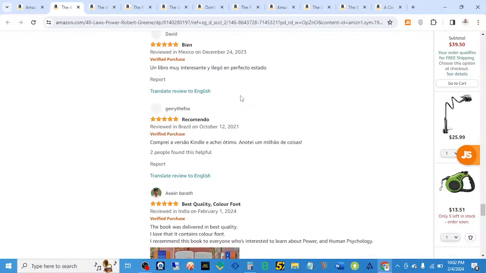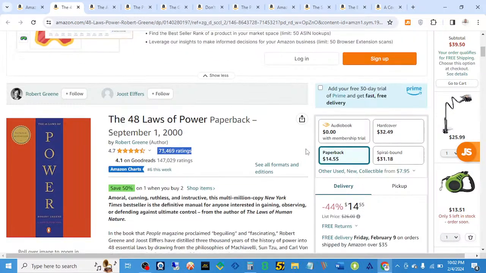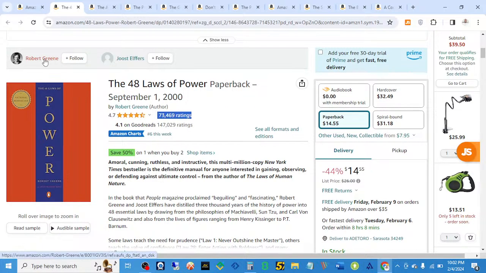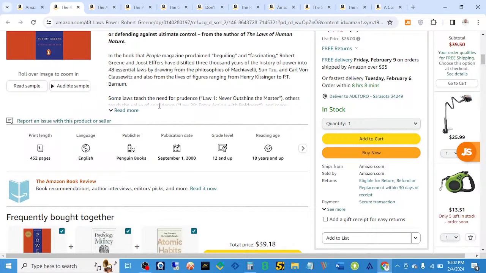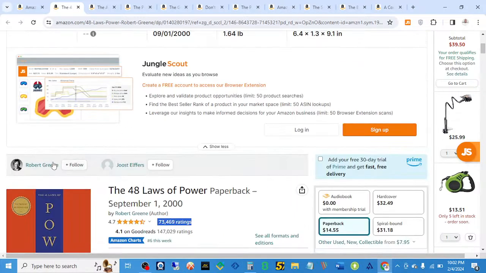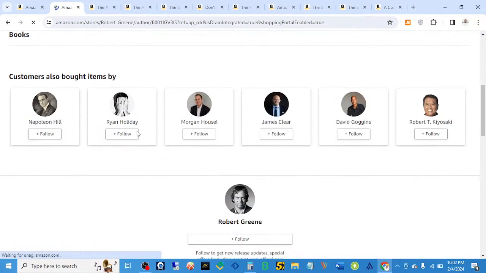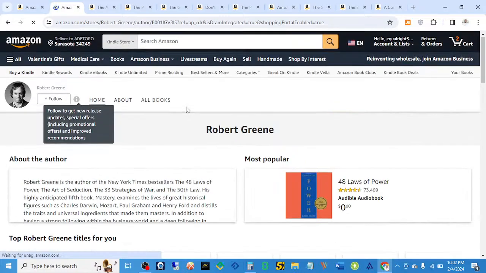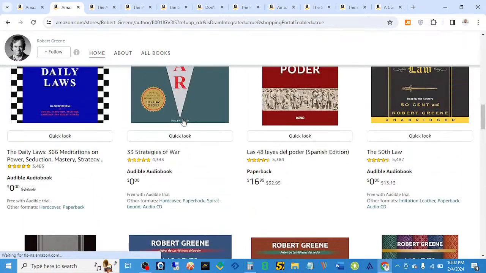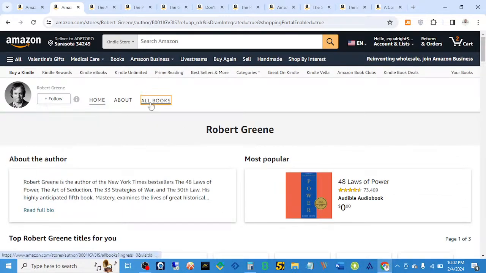These are the reviews of the seller. The author, rather. We use the term author because as a book publisher, you are an author. This is the author, and these are some other books from this particular author.